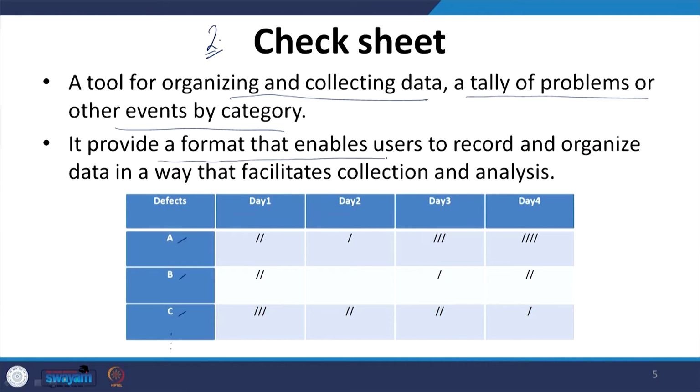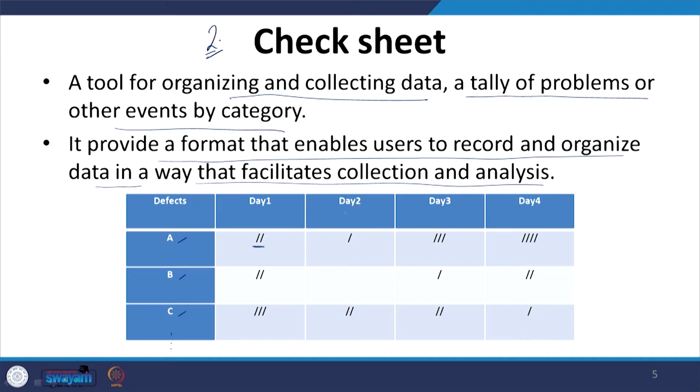So, it provides a format that enables users to record and organize data in a way that facilitates collection and analysis. Like A, B, C, D, these are the defects which we have identified. On day 1 for defect A, 2 occurrences are there, so we make 2 lines, one for each occurrence.